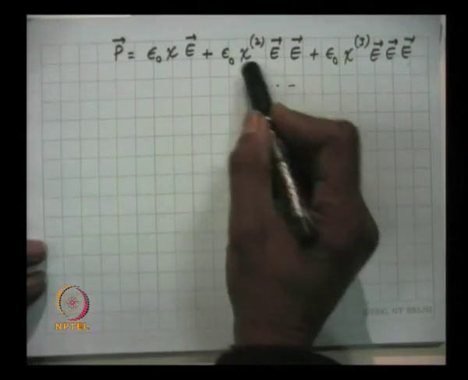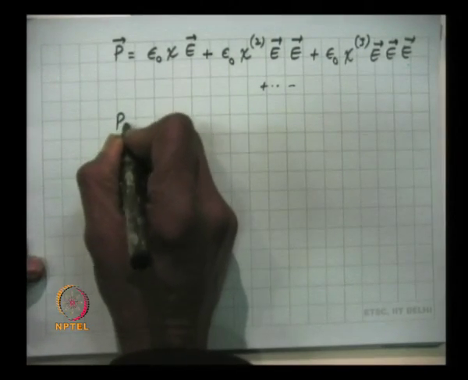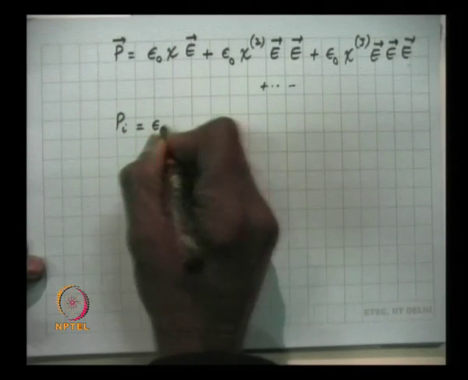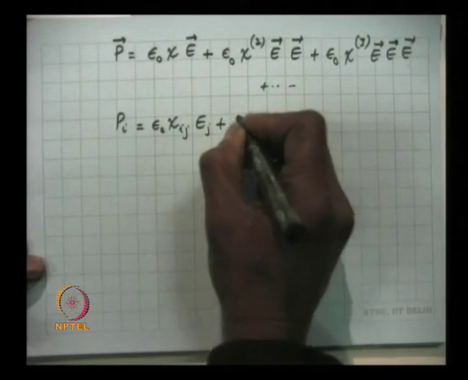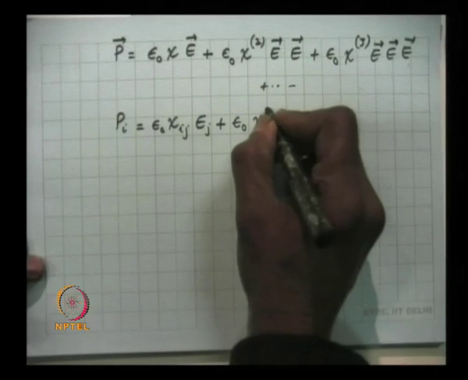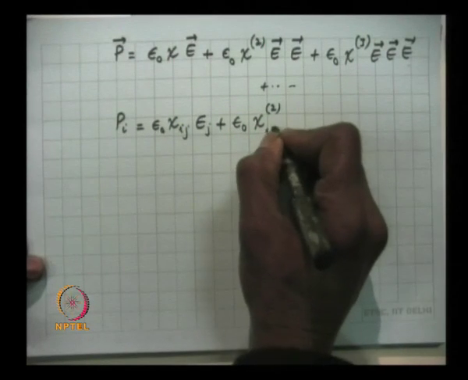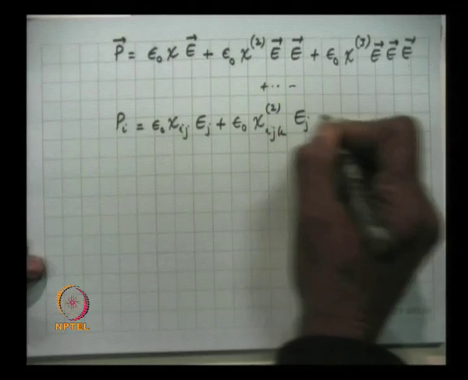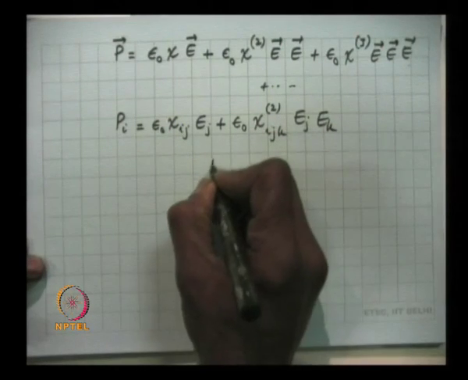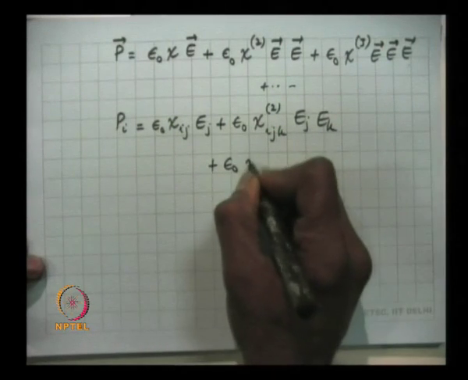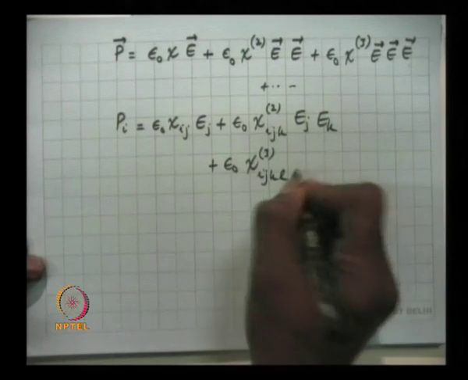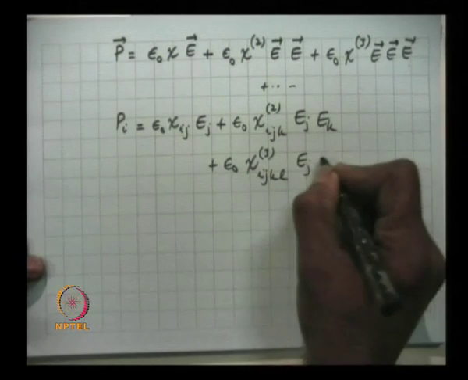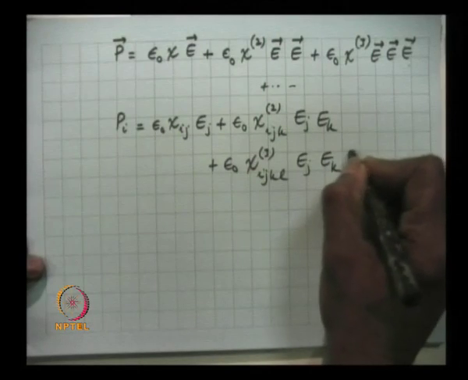Now, this equation is essentially in component form an equation of this type: epsilon 0 chi I j E j plus epsilon 0 chi 2 of I j k E j E k plus epsilon 0 chi 3 of I j k l E j E k E l and so on.